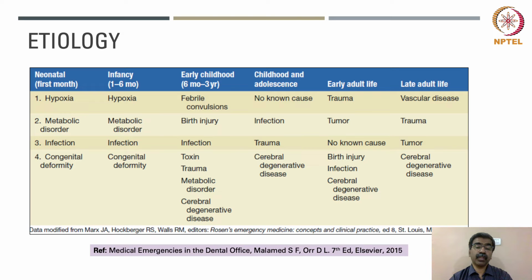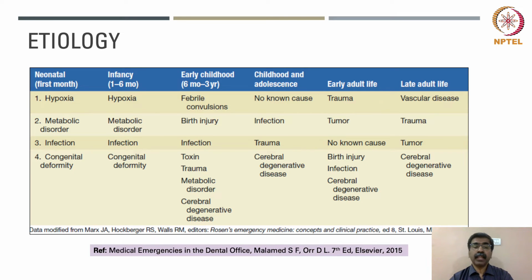If it occurs during childhood or adolescence, it is attributed to no known cause, or can be infection, trauma, cerebral degenerative disease. And adult life can be due to trauma, tumor, no known cause, or birth injury, infection, and cerebral degenerative disease.